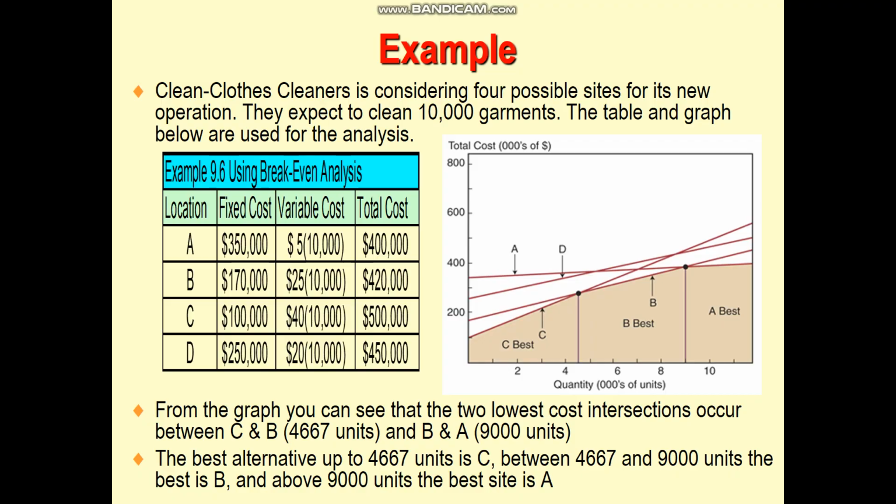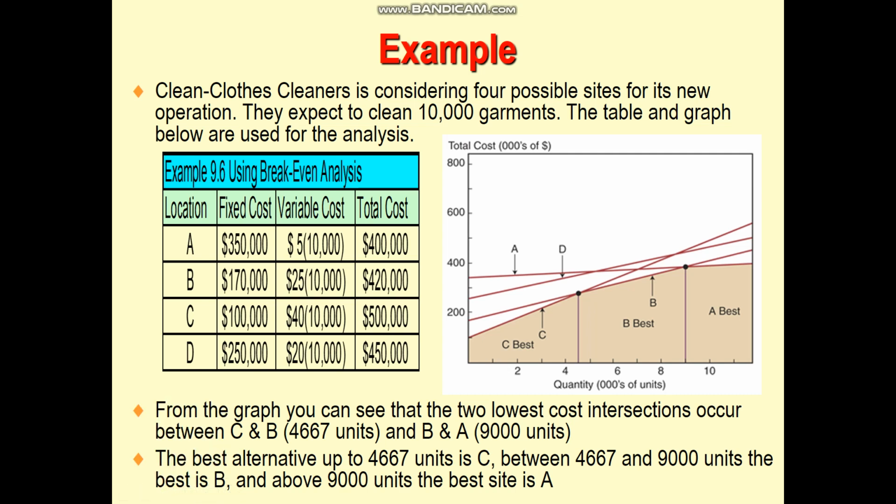So let's look at this example. Clean Clothes Cleaners is considering possible sites for its new operation, and they expect to clean 10,000 garments. And here is the table to show the break-even analysis.